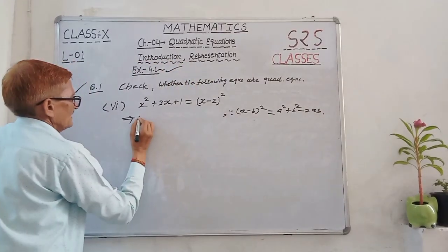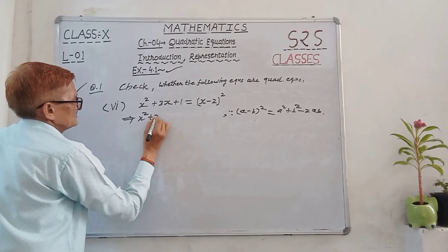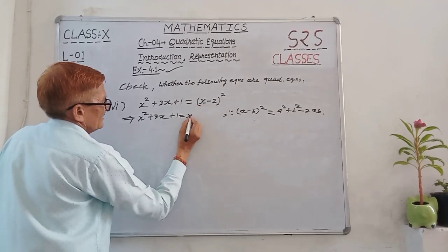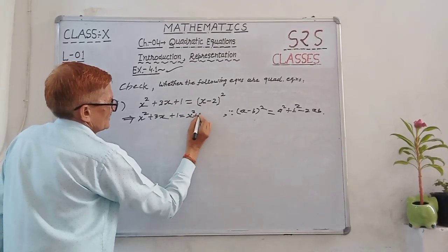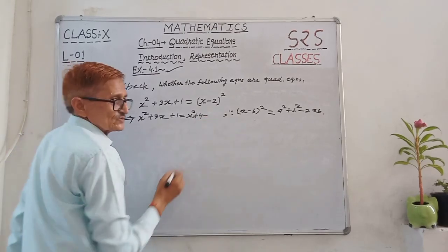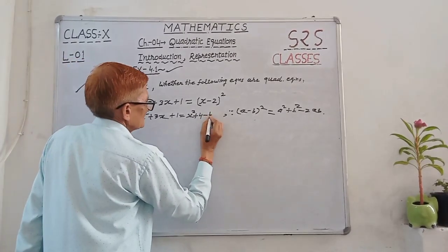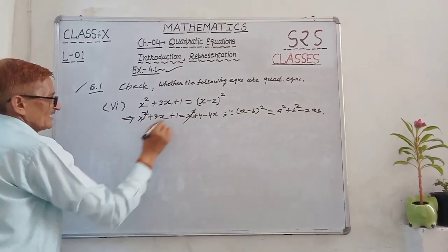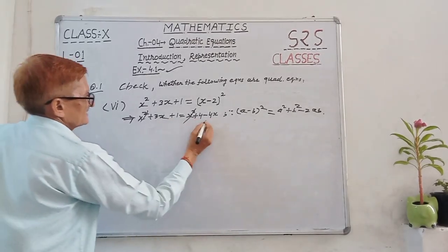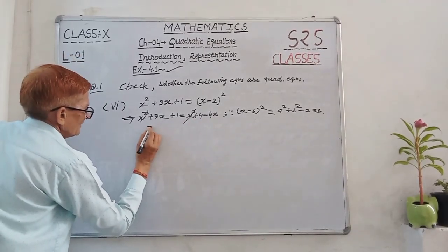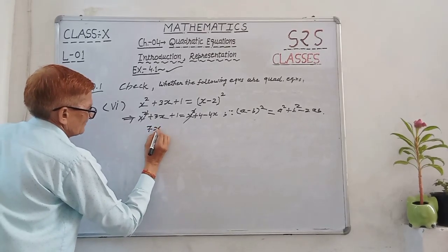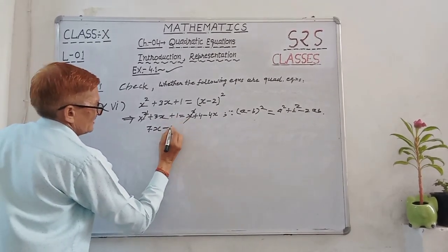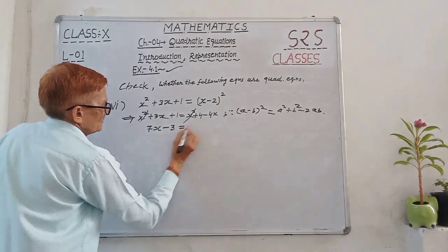This formula use here, then this as it is: x square plus 3x plus 1 equal to a square, x square, plus b square, 2 square, 4, minus 2 into x into 2, 4x. Then x square on this side will come negative, cancel out, then only 3x, and this will come plus 4x, then 7x. Simplify, take one side, and plus 4 will come to this side, minus 4, then minus 4 plus 1, minus 3 is equal to 0.